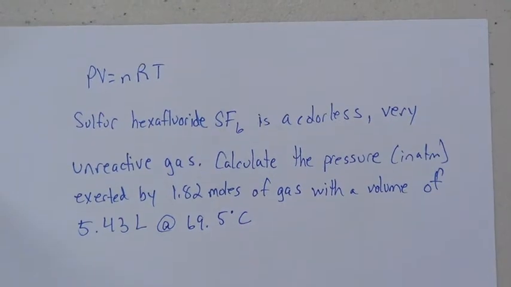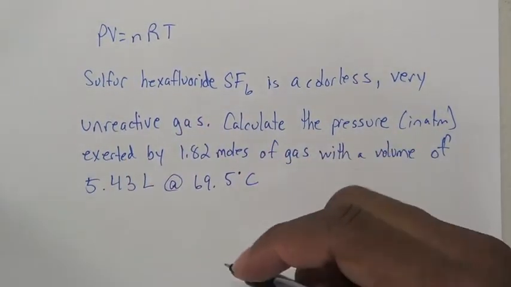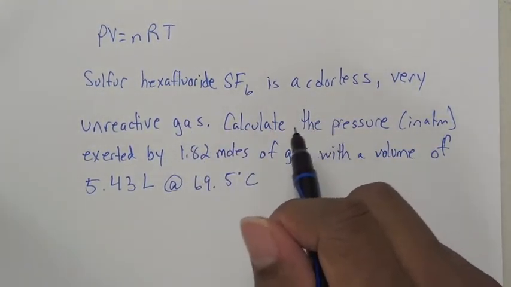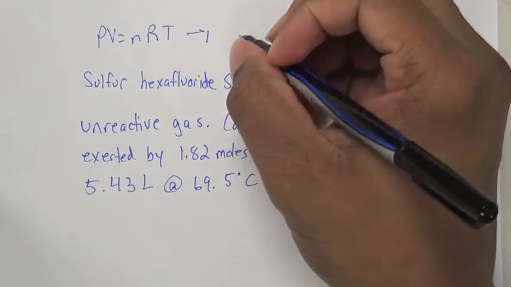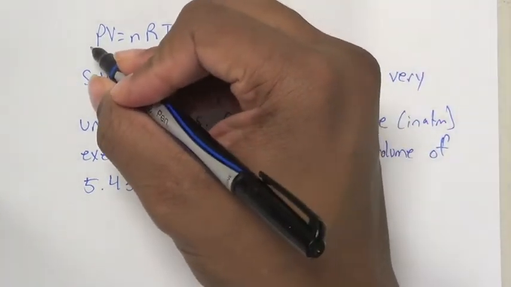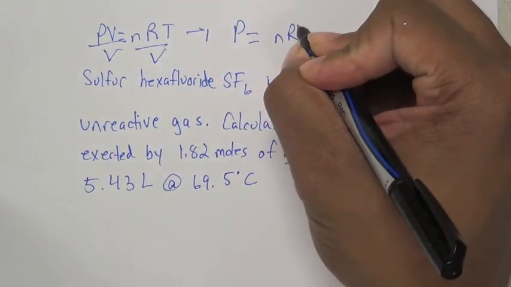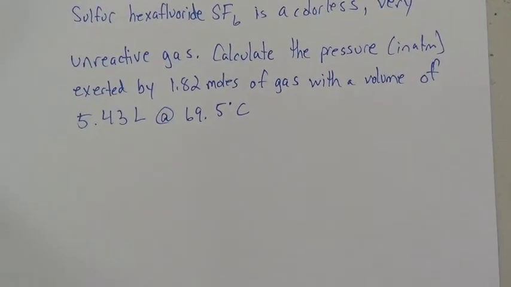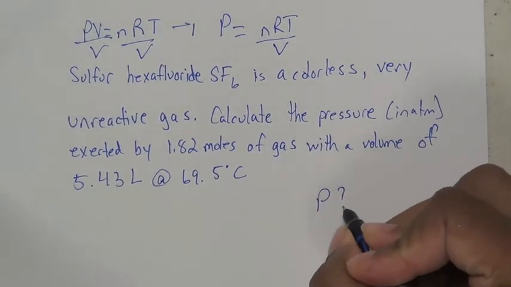Using this equation, PV equals nRT, we need to calculate the pressure, so we need to solve for P. We divide both sides by V, so P equals nRT over V. P is what we're looking for.